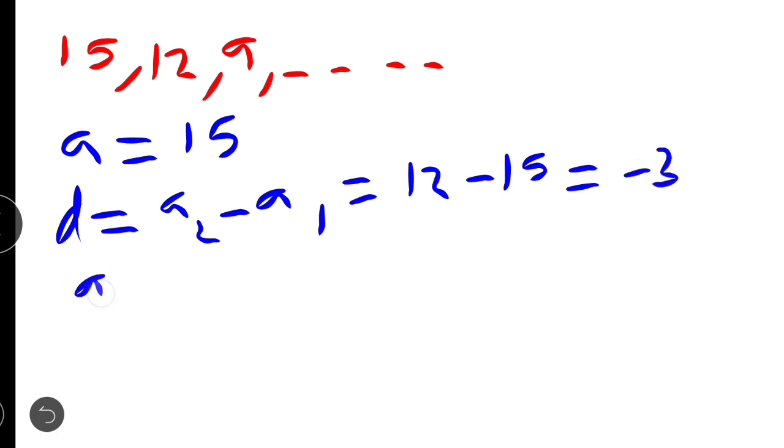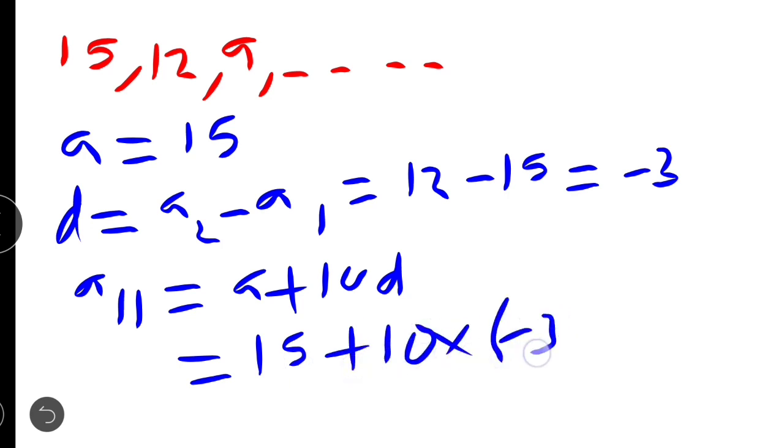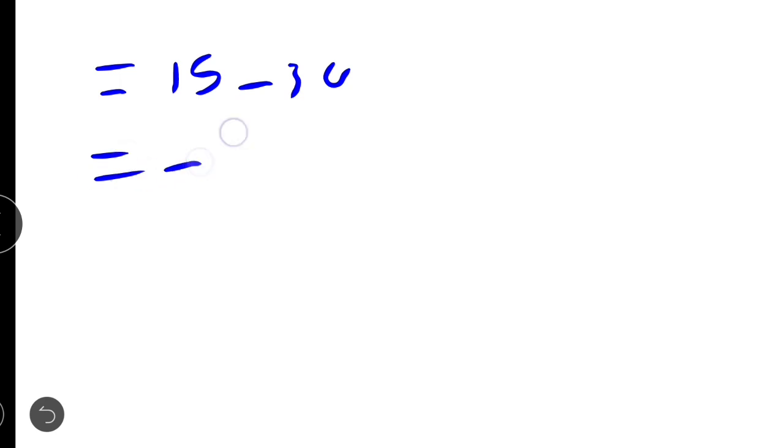Then A11 equals A plus 10D. So A value 15 plus 10 into the D value minus 3. 10 into minus 3 is minus 30. So 15 minus 30 is minus 15.